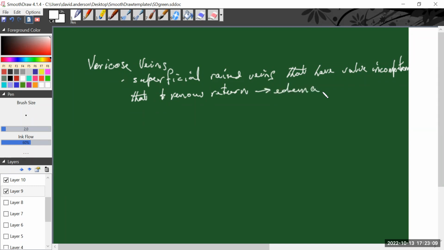So just the presentation of superficial raised veins is not the issue. There has to be some valve incompetence that interferes with venous return and causes some swelling, edema. Now we can talk about varicose veins. So who's at risk for varicose veins?